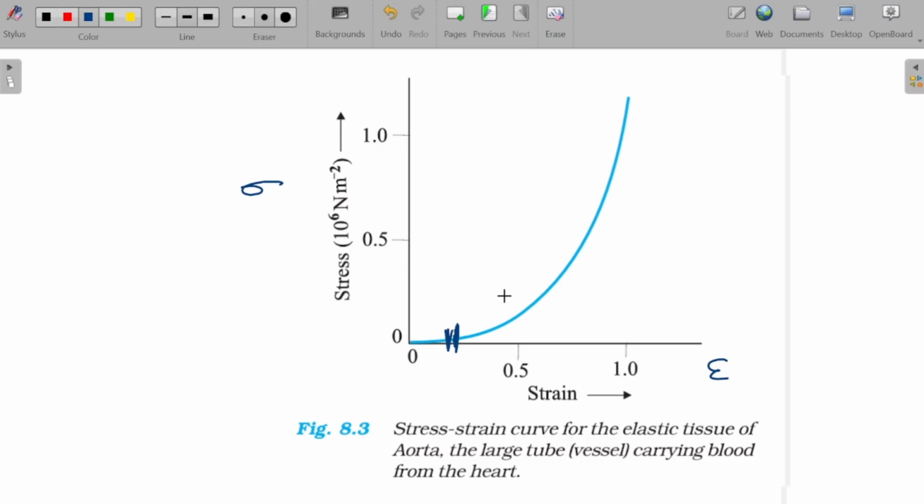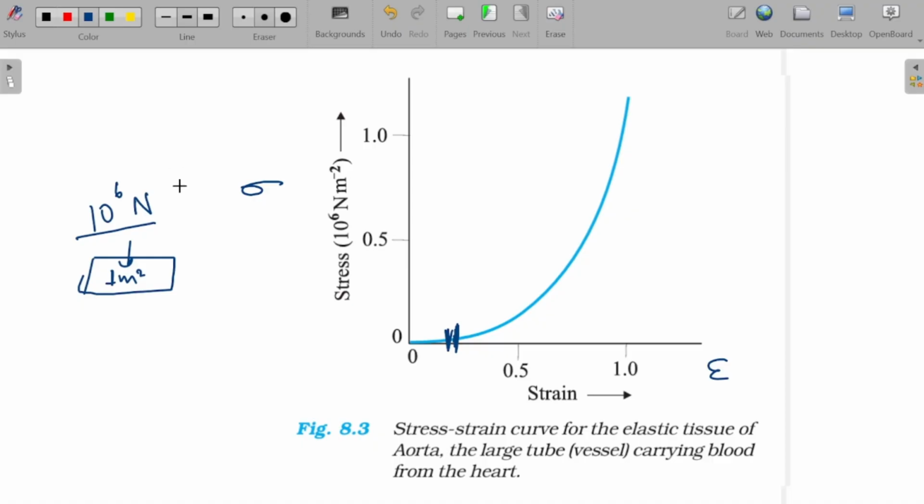It has high ability to get back to its original shape, even under higher stress, here 10 to the power 6 Newton per square meter. You can think that the force on 1 meter square area is 10 to the power 6 Newton. This much stress it is holding, and then there will be a strain of 1. So it has a high stress to strain ability, or you can say a high range of elasticity.